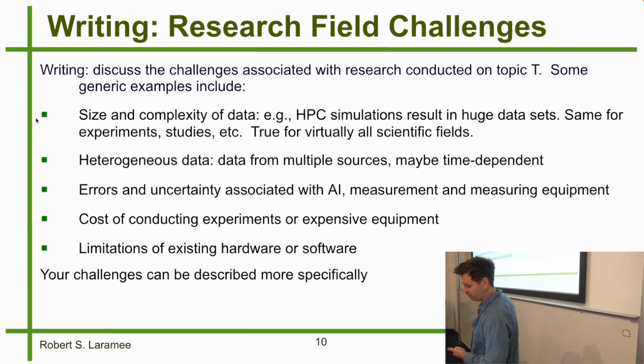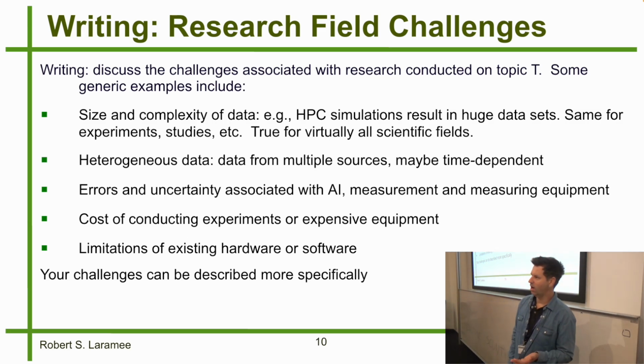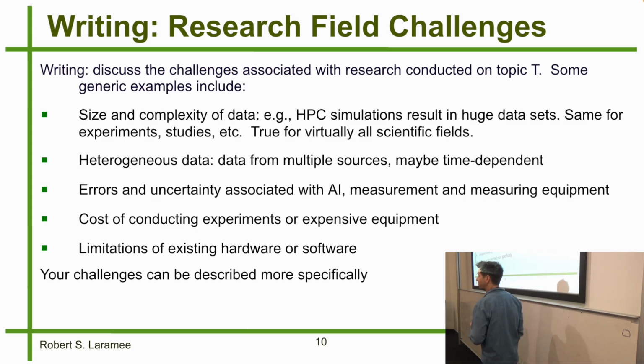These are just some generic examples. Size and complexity of data. This is a very common challenge. A lot of computer science research papers are dealing with very large data sets, and those large data sets are challenging. They could be challenging in terms of processing power or processing time. They may take a long time or a lot of resources to process.